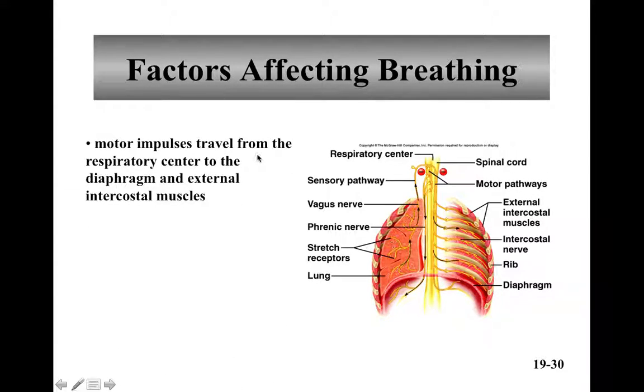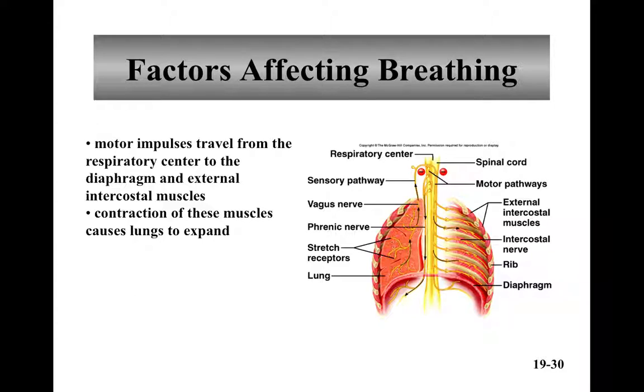When the motor impulses travel from the respiratory center to the diaphragm, so that means basically we've got the input from the carotid and aortic bodies that said, hey, we don't have enough oxygen, brain, do something about this, and the brainstem goes, you got it, let's take a breath. And it sends the motor impulse down the spinal cord, it branches out into the lungs, and it stimulates the muscles, the diaphragm, the intercostals to go ahead and contract and expand those ribs. And so that's what they do.